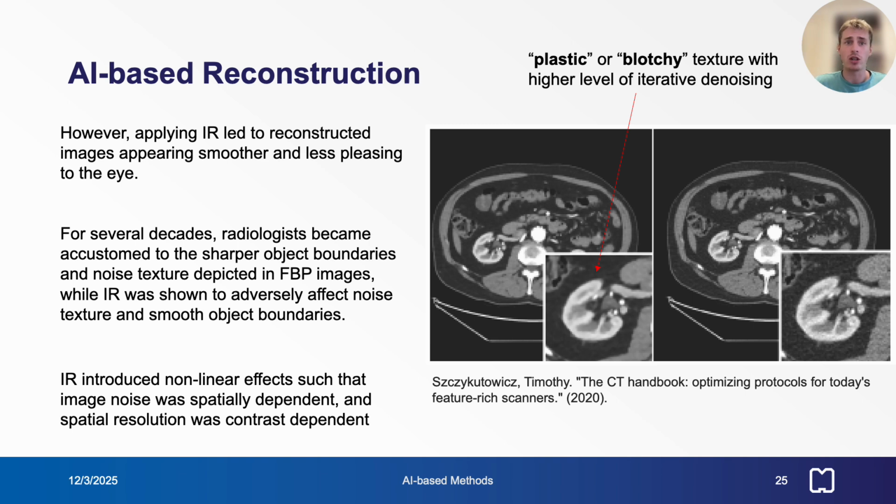Iterative reconstruction introduced nonlinear effects such that image noise was spatially dependent and spatial resolution was contrast dependent. And you can see in this example how the iterative reconstruction gives a plastic or blotchy texture as compared to a less iteratively denoised image, which the radiologist would be more accustomed to.